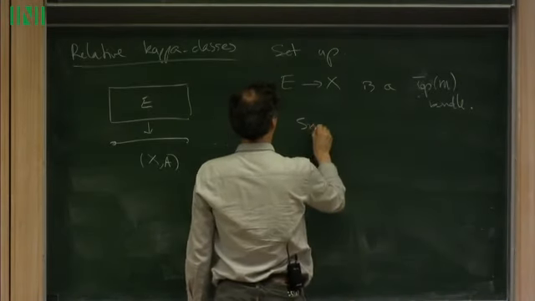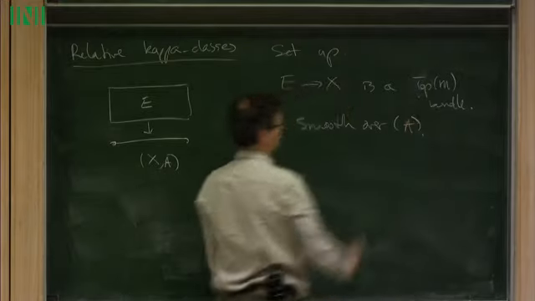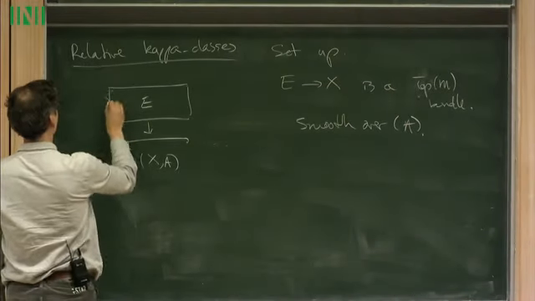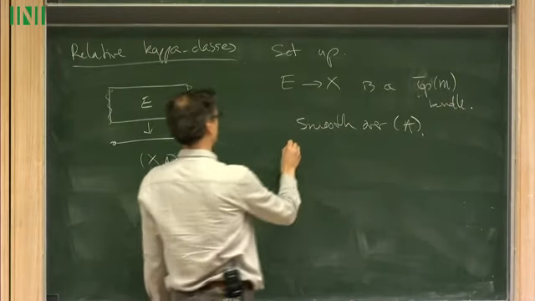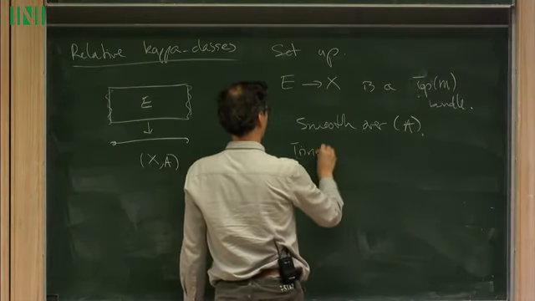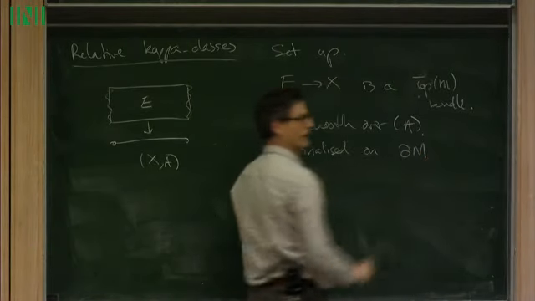And we're going to smooth it over A. So over A here, we've got a smooth structure on our bundle, and it is going to be trivialized on the boundary of M, in the case that M has a boundary.